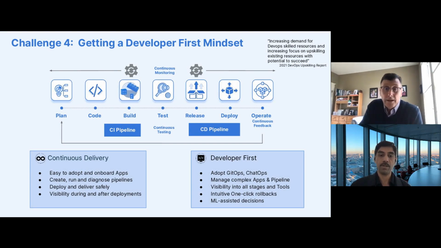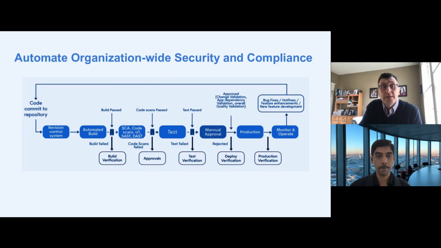And the backdrop to this, if you look at the marketplace in general, is an increasing demand for DevOps skills. There aren't enough skilled resources, so you need to automate this as much as possible and drive efficiencies. Okay, excellent. So let's move to the next slide.